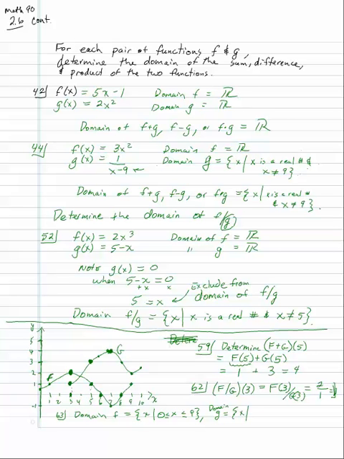So remember, it's the x values from 3 to 10. That's the x values between 3 and 10. So the domain of f plus g is the overlap, so that's going to be from 3 to 9. So set of all x's such that x is between 3 and 9.